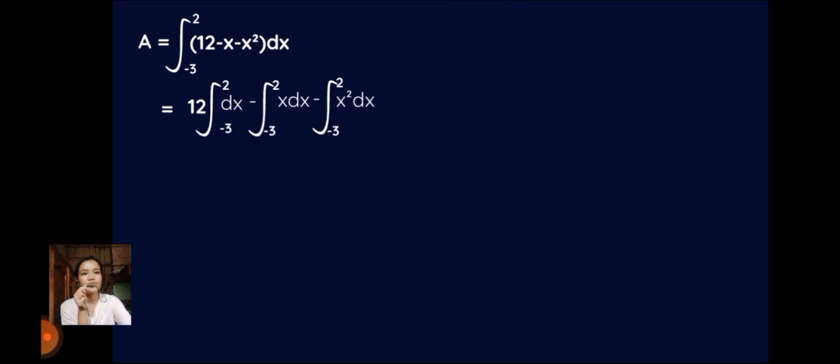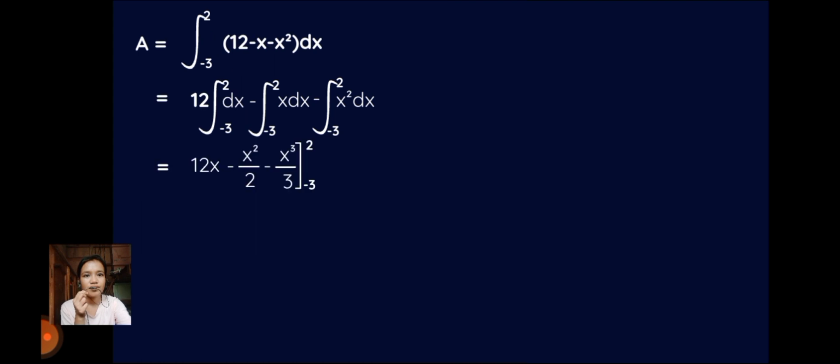Evaluate it. It is the same as what we did earlier. Then, after that, use the power rule of antiderivative. So, 12 becomes 12x, then minus x cubed over 3 from negative 3 to positive 2.